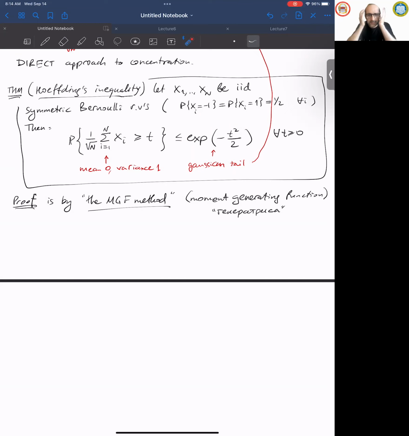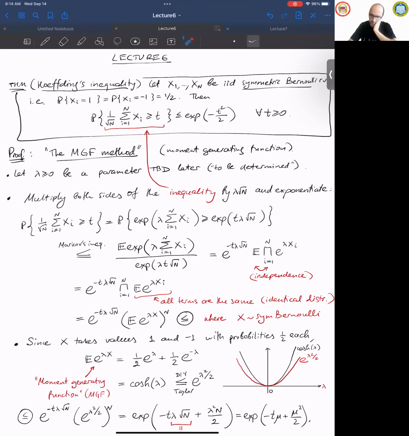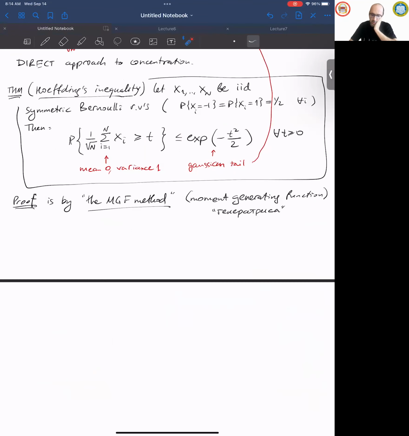Let's ask ourselves, how did we get from Markov to Chebyshev? That was in lecture 6. We squared both sides and then applied Markov.